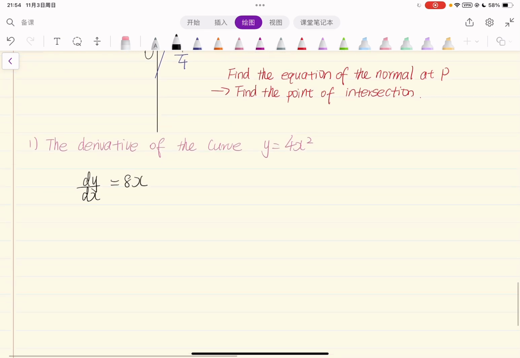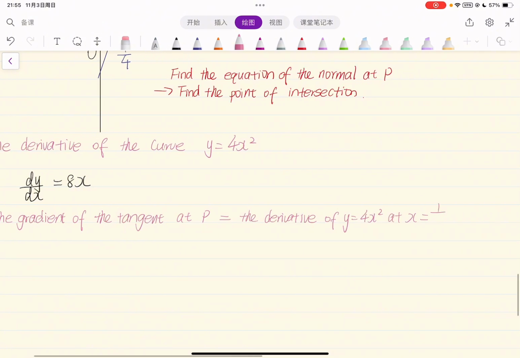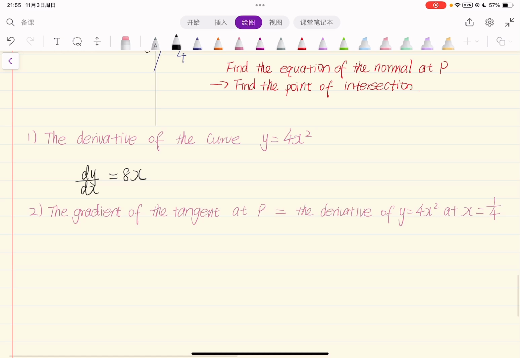Secondly, we need to find the gradient of the tangent at point P. The gradient of the tangent to the curve at point P means you need to find the derivative of y equals 4x squared at x equals 1 over 4, that is the x coordinate of P. Thus when x equals 1 over 4, dy over dx equals 8 times 1 over 4, that equals 2.